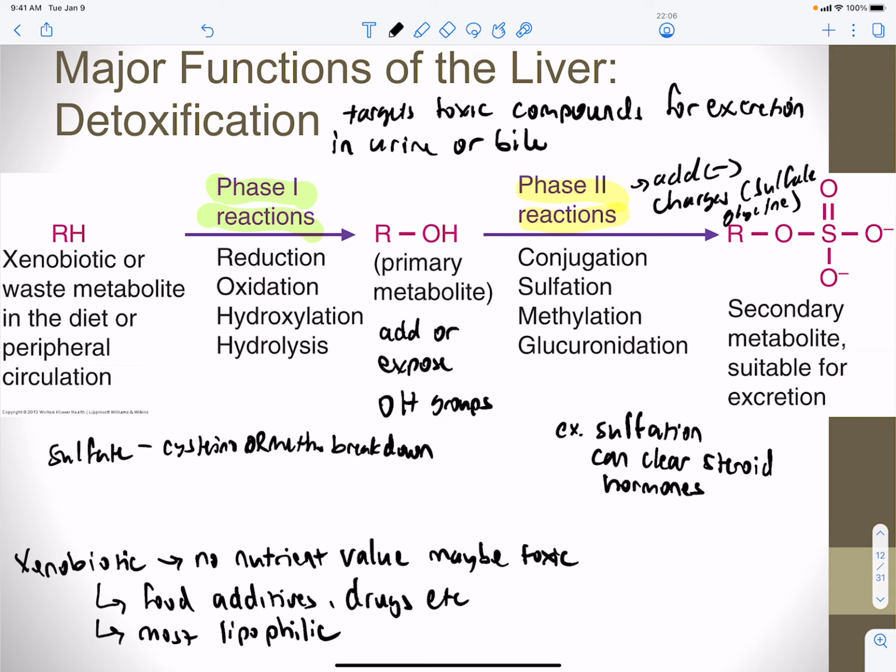So a lot of xenobiotics are going to contain aromatic rings, such as the benzopyrene ring in tobacco smoke.